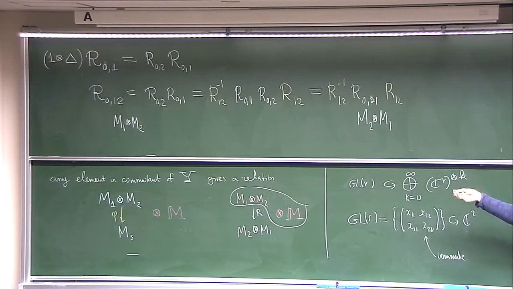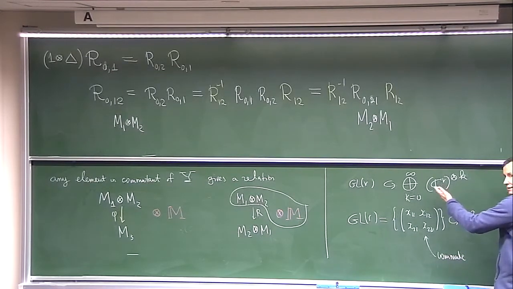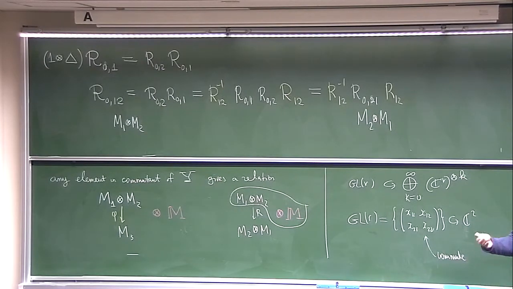For the orthogonal group, there's a quadratic intertwiner between C^R tensor square and the trivial representation, and that intertwiner corresponds to the extra relation that I have in the orthogonal group.